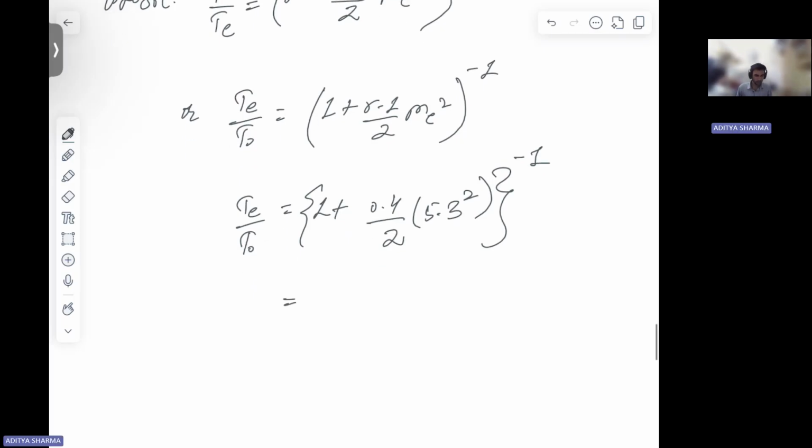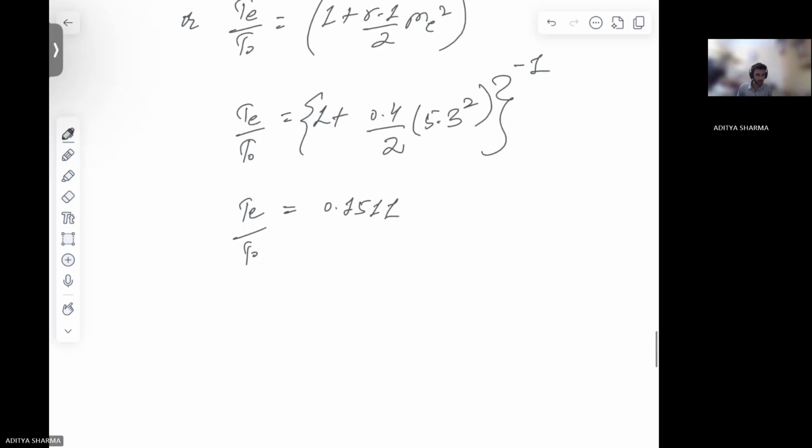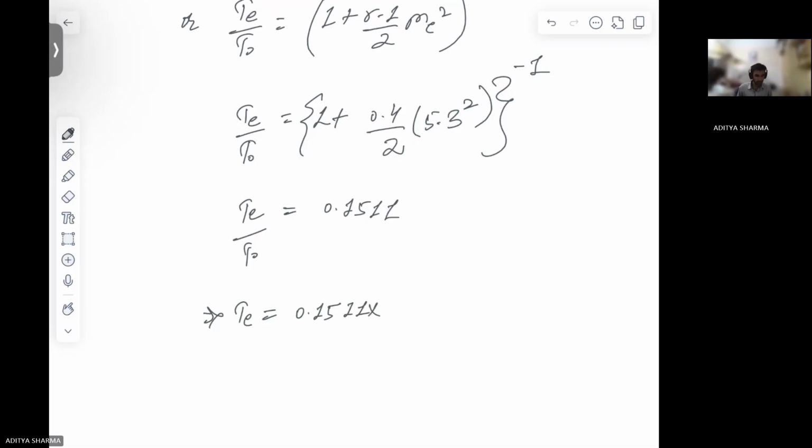Now, if you calculate this, this will come out to be 0.1511. Please cross check the calculations. So I'm getting this 78.757 Kelvin at exit of this nozzle.